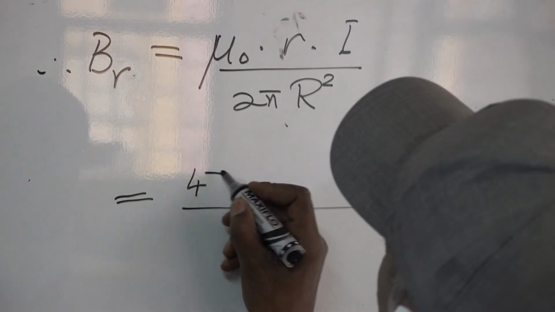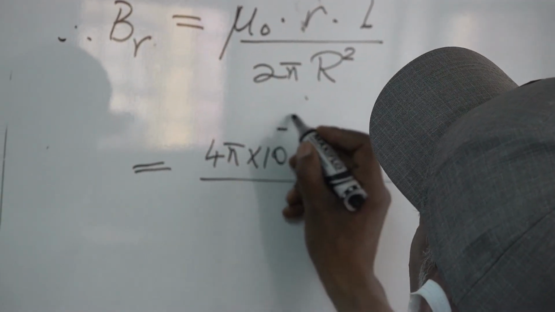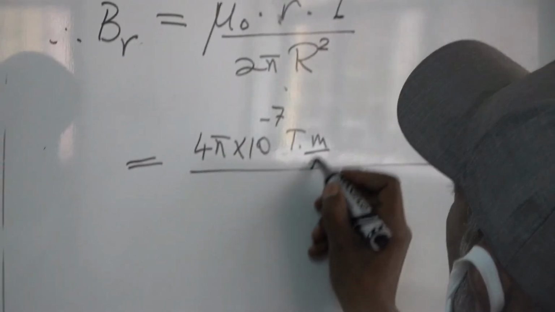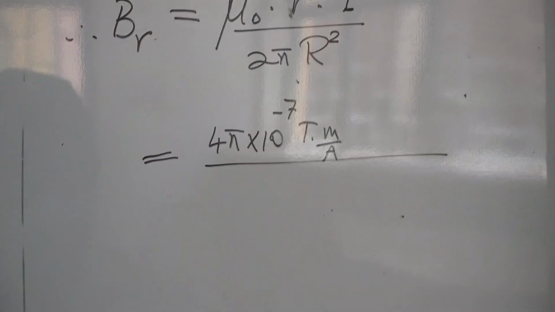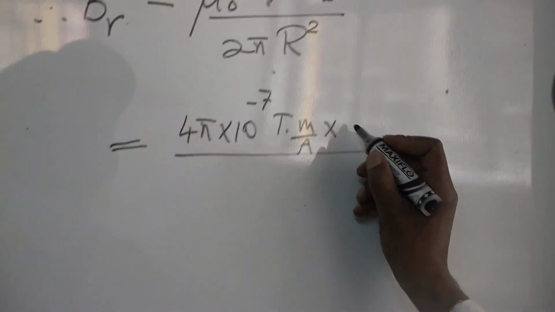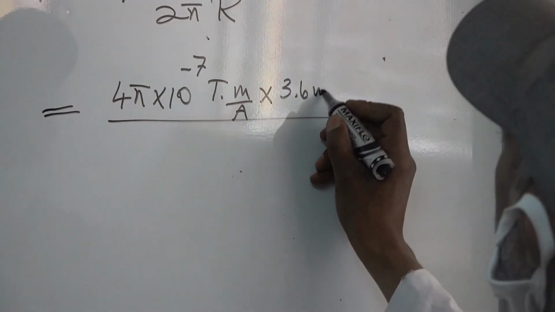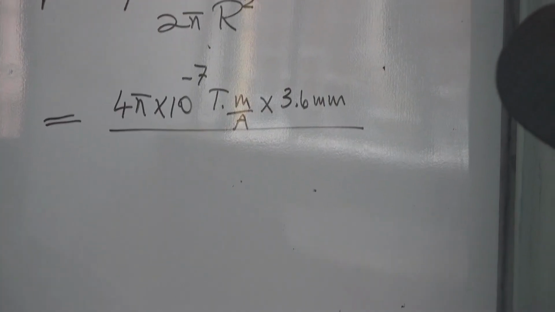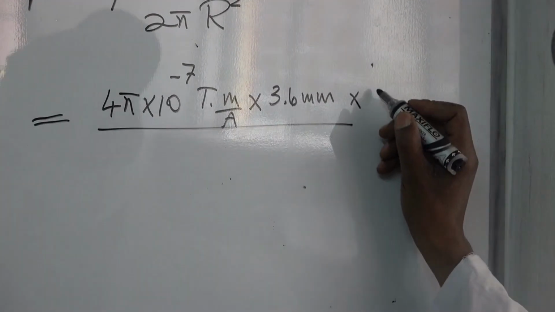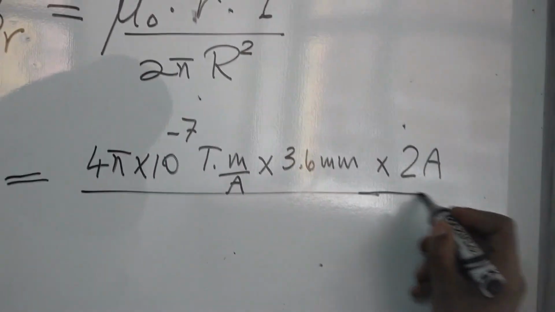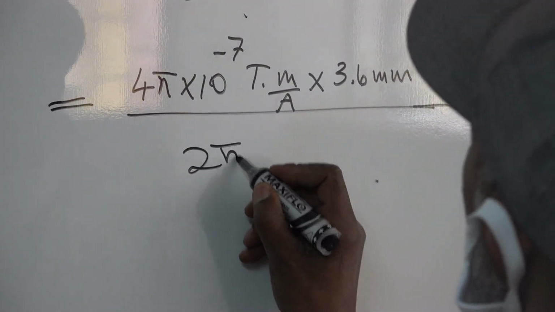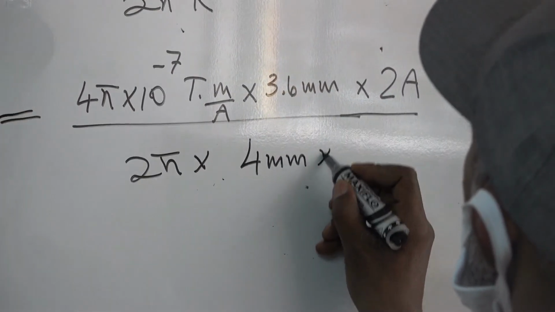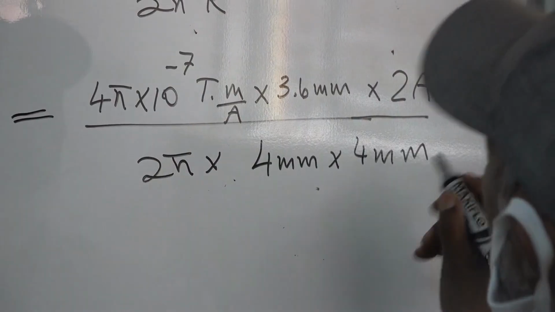Mu 0, as you remember, is 4 pi times 10 to the power of minus 7 Tesla meter per ampere, and that times 3.6 millimeters. It's not yet the time to convert it into meters, that will come later. The current is 2 amperes divided by 2 pi times R squared. R is 4 millimeters times 4 millimeters.